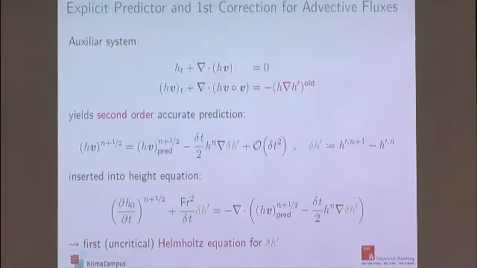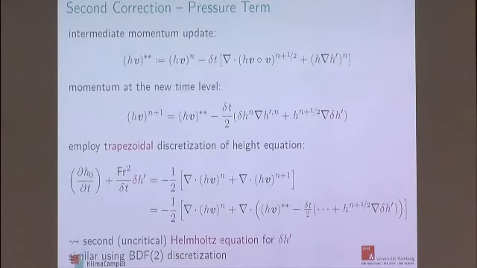And then we have two corrections. One correction here for the advective terms in our scheme, which leads to one Helmholtz equation for a height correction. And then we also get the pressure gradient in a second correction, or at least an update for that, by solving another Helmholtz problem.